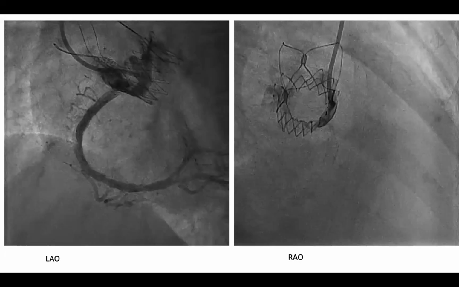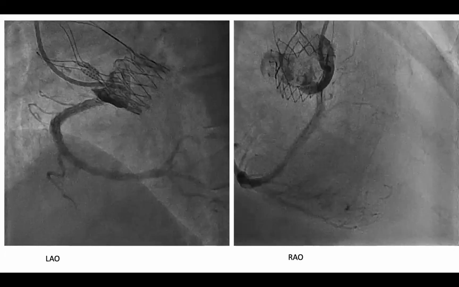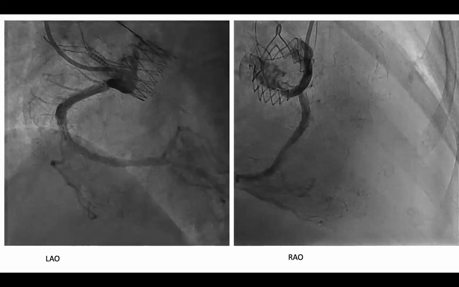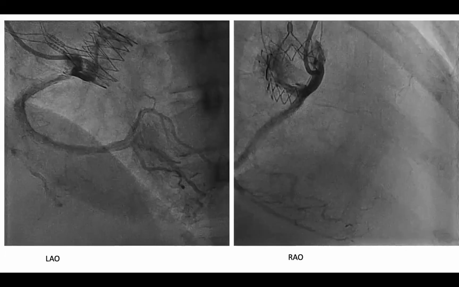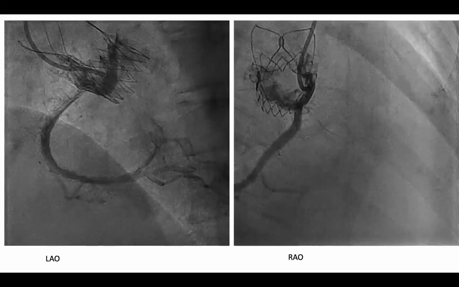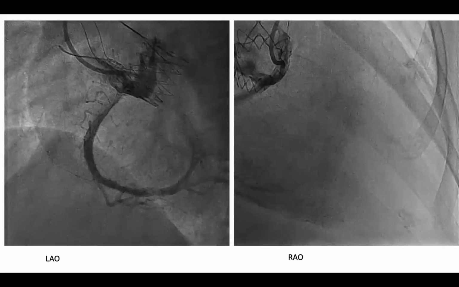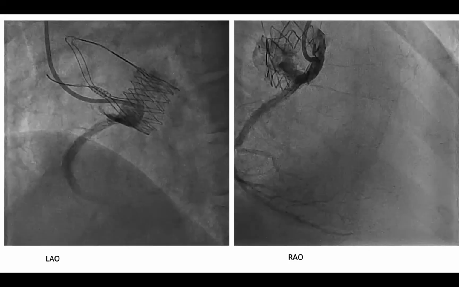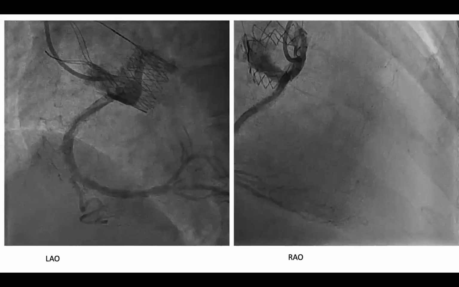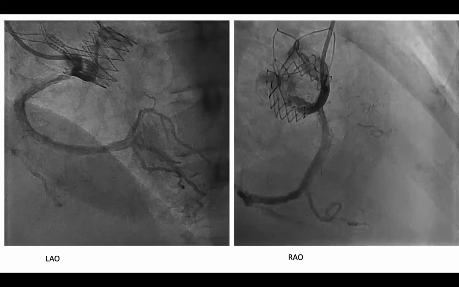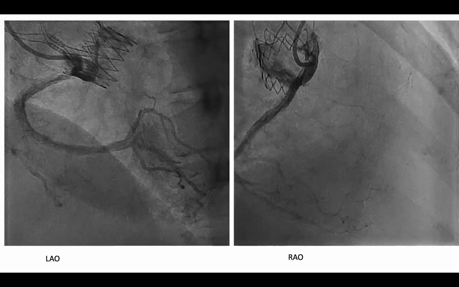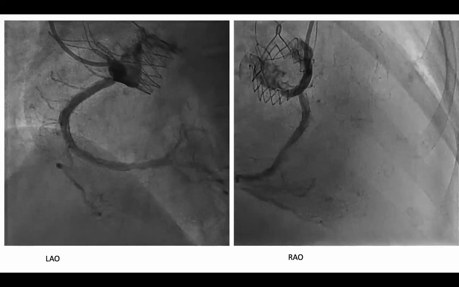This is something that we may have to see more and more as patients with TAVI valves come for angiographies and primary PCIs: sometimes you have to engage the coronary arteries in very exotic, different ways. Sometimes you have to innovate ways in which to intubate these coronary arteries because they are not going to be straightforward. So this is one way where the right coronary artery was opacified just enough to see that there is no significant occlusion in the right coronary artery.